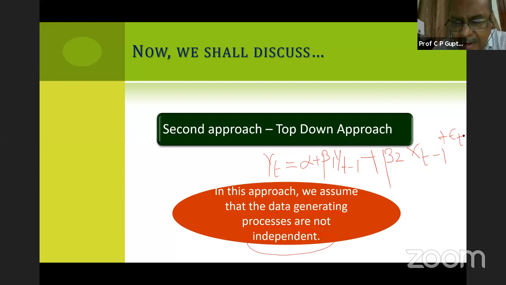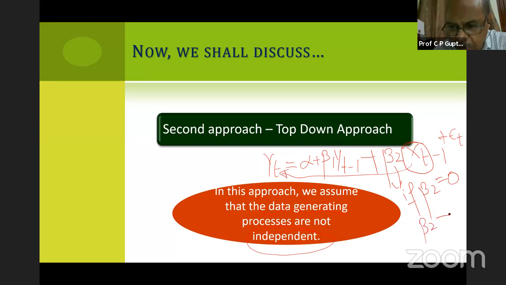I'm assuming that xt is causing yt, and if beta 2 is 0, that means there is no impact, and if beta 2 is not 0, then there is an impact. That is the whole philosophy behind this top-down approach.